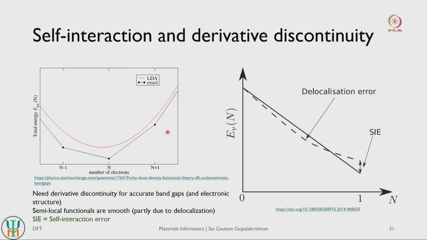Since you have piecewise interpolation, if you now take a derivative of the total energy with respect to number of electrons, at each integral point you have a discontinuity in your derivative. Here the derivative is well defined, here the derivative is well defined, but at this point you have two different derivatives that are possible, or in other words your derivative itself is not continuous.